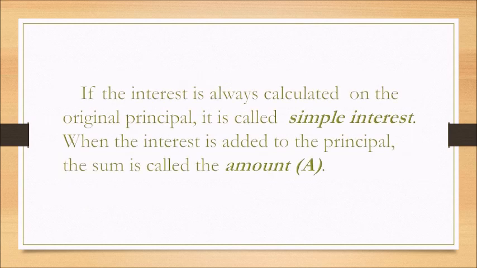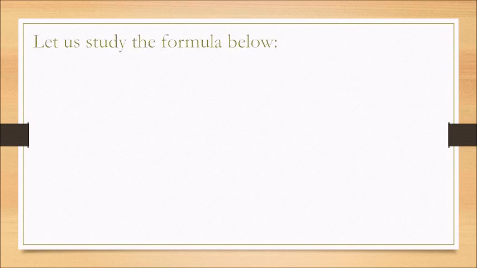If the interest is always calculated on the original principal, it is called simple interest. When the interest is added to the principal, the sum is called the amount, which is symbolized by A. Let us study the formula below.